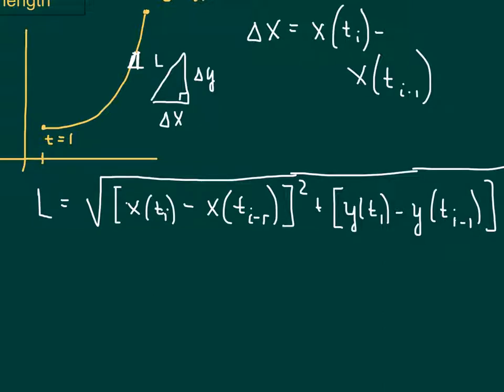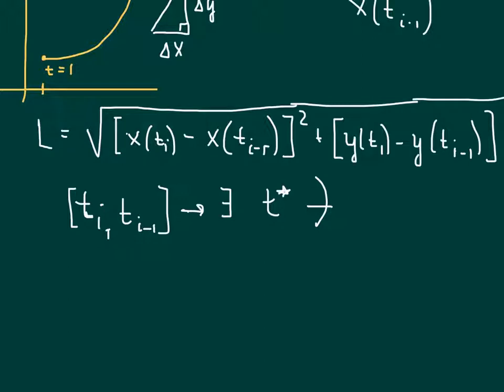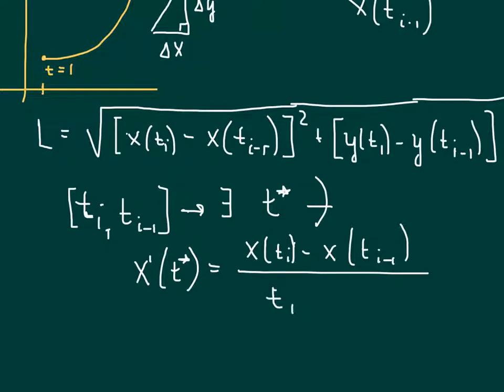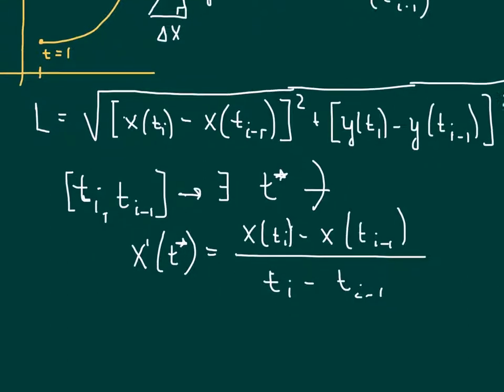And by the mean value theorem, I know that if x is a differentiable function, then over some interval, let's say where t goes from t sub i minus 1 to t sub i, there's going to exist some t star such that x prime of t star is going to be equal to x of t sub i minus x of t sub i minus 1, all over t sub i minus t sub i minus 1. And here's what I'm going to do.